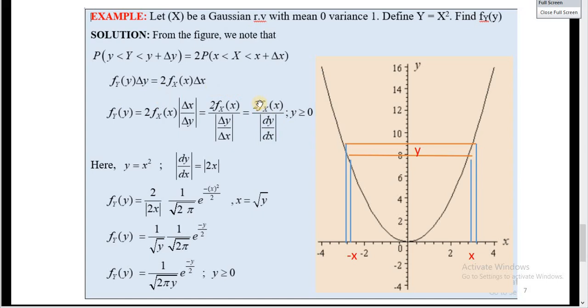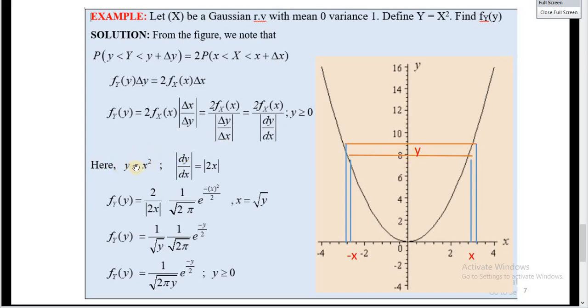So for this problem, the only difference between this problem and the previous two problems is this factor of 2. And this factor of 2 came as a result of having positive as well as negative values of x contributing to the same value of y.